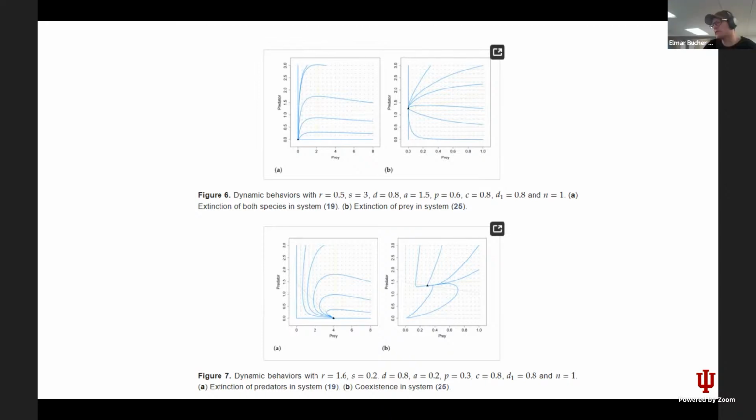Ibrahim, what are the numbers of the X and Y axis? Yeah, so this is 0.3 or whatever. They are population numbers. But for example, in case B that was good, you would have 1.5 predator and 0.5 prey.